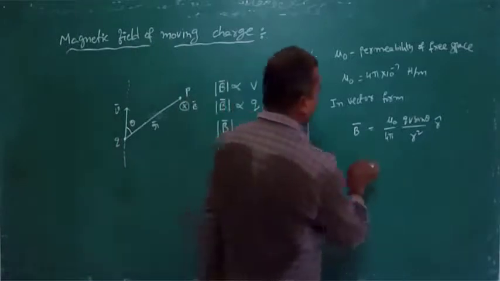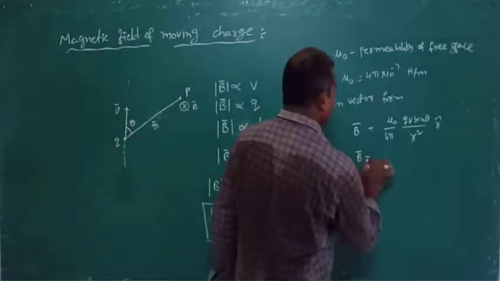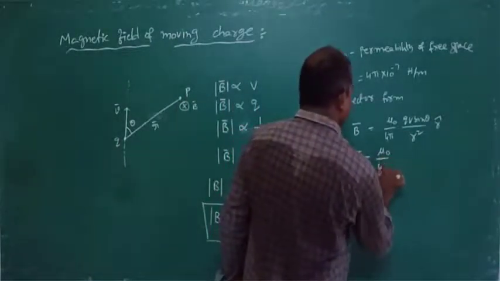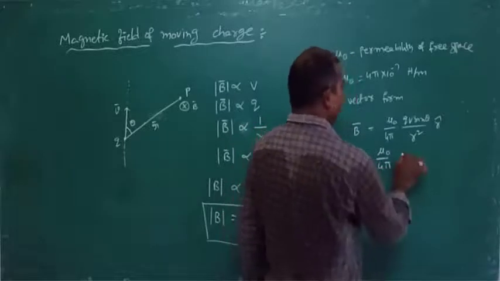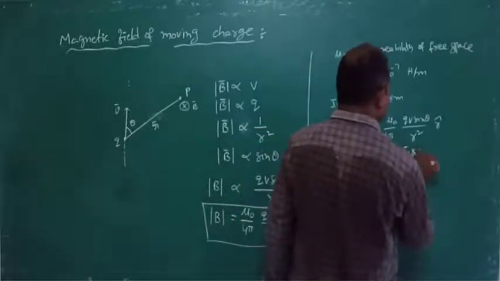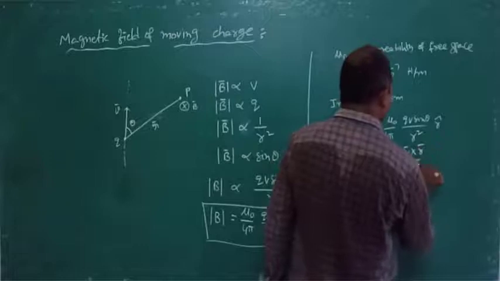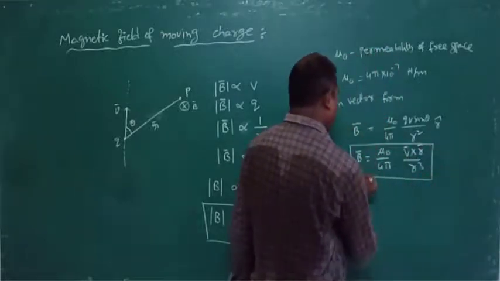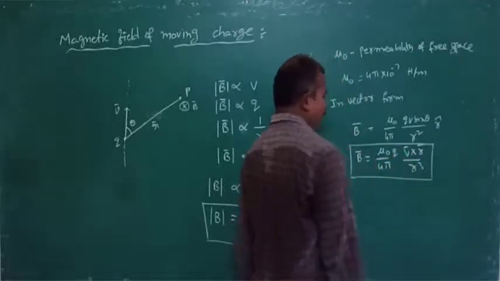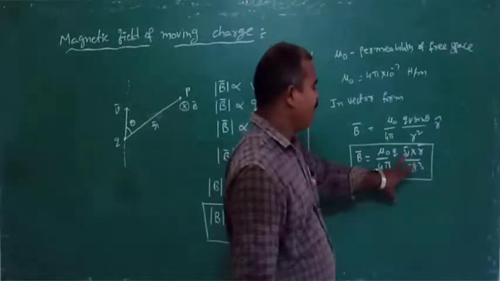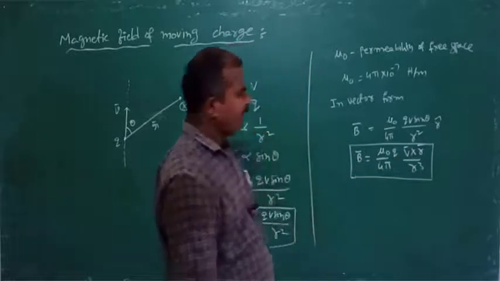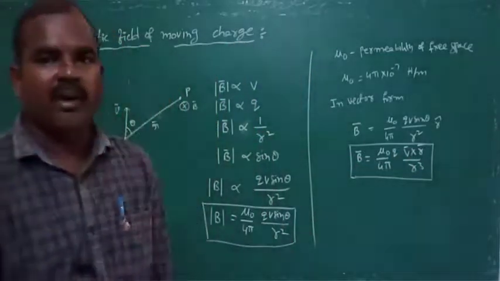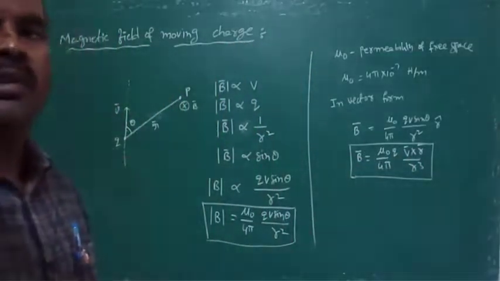Therefore, magnetic field B is equal to mu naught q by 4 pi into v bar cross r bar by r cube. It is the magnetic field of a moving charge.